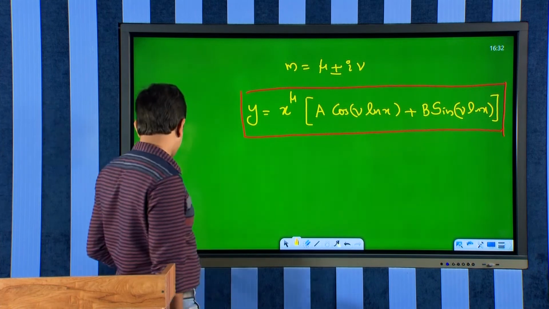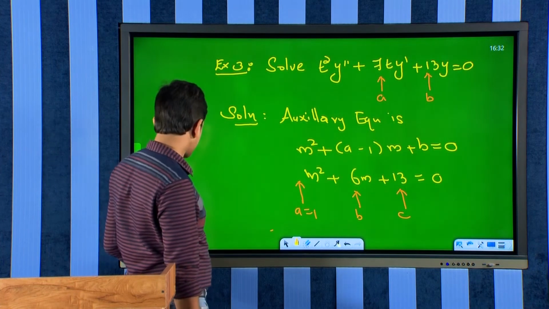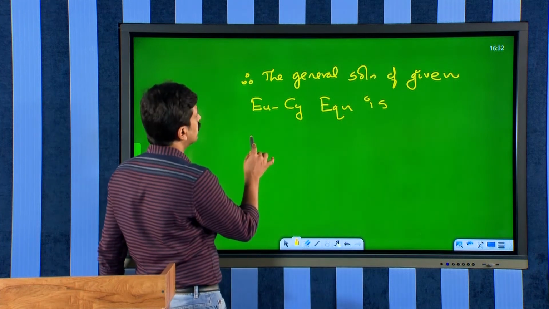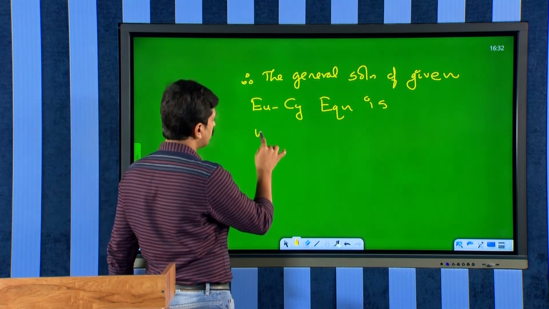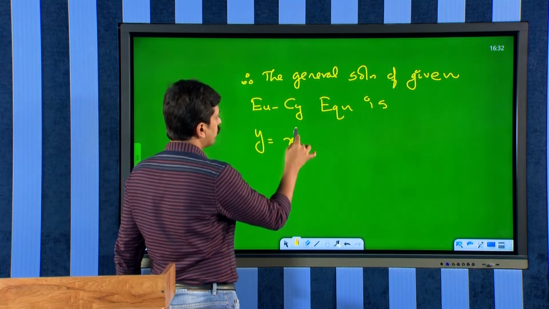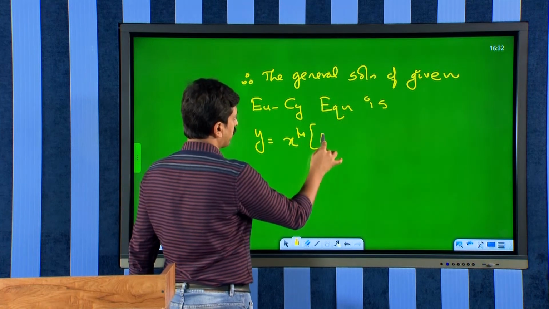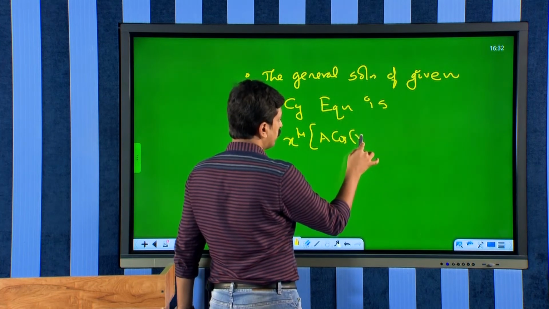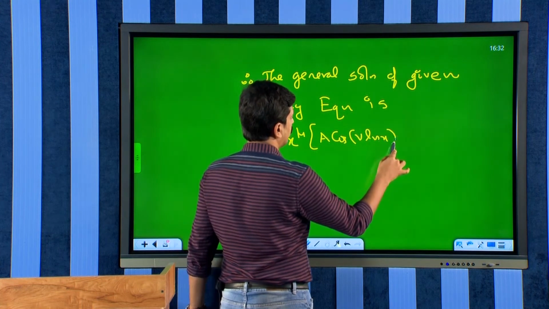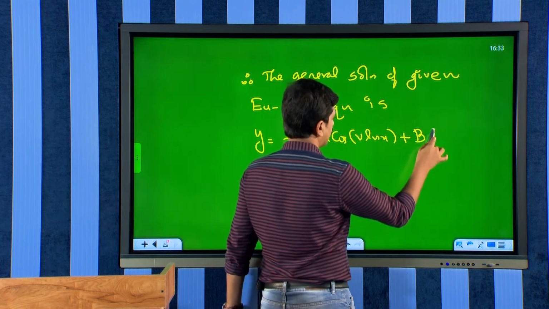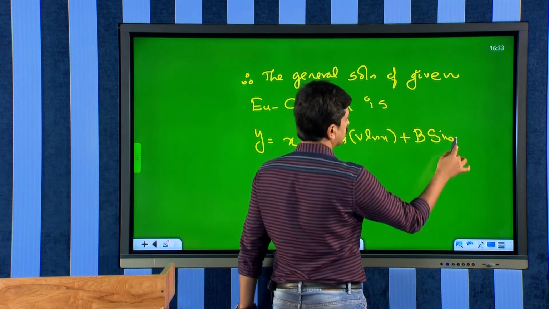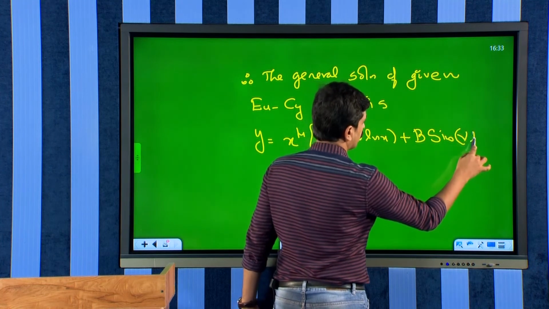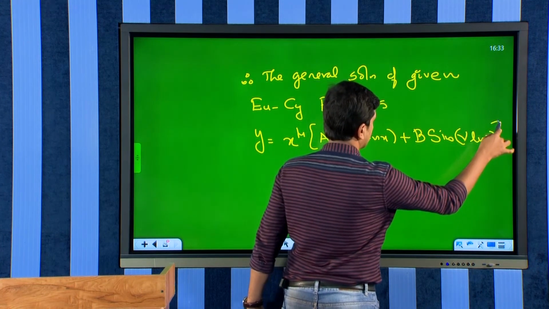So, we have the formula for the Euler-Cauchy equation: y is equal to x raised to mu, a cos nu log x plus b sin nu log x.